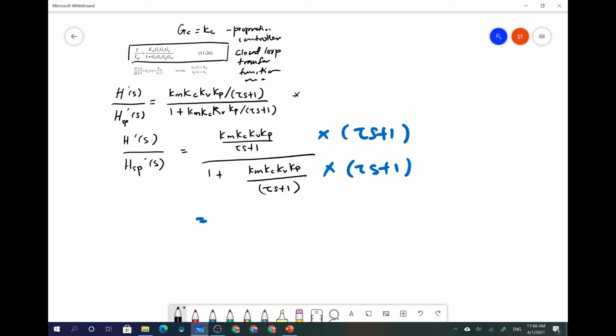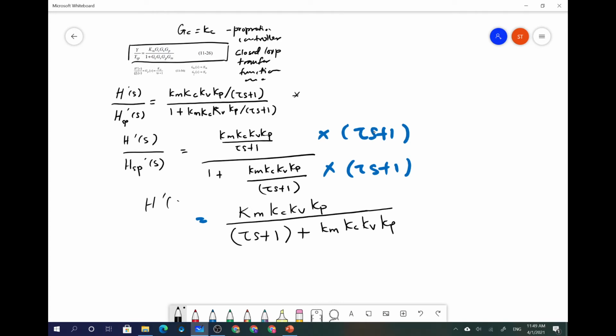So it should be KM, KC, KV, and Kp divided by 1 times tau s plus 1, plus KM, KC, KV, and Kp. Don't forget our left hand side.